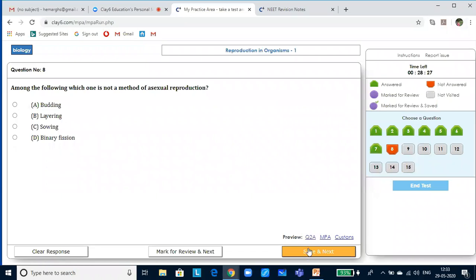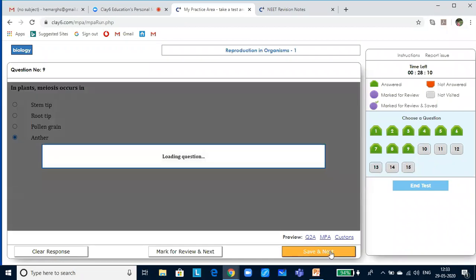Among the following, which one is not a method of asexual reproduction? Sowing is not a method of reproduction. You're sowing the seed, that means it is a product of sexual reproduction. In plants, meiosis occurs in the anther.